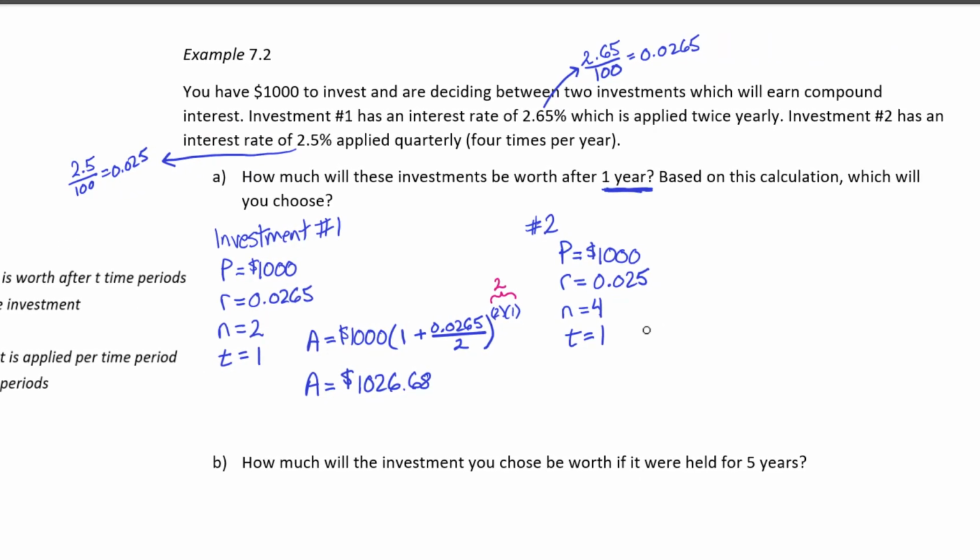Now for investment number 2, what do we have? We have our investment at 1 year is going to be worth the initial investment P, which is $1,000, times 1 plus the interest rate, which is 0.025, divided by N, which is 4.